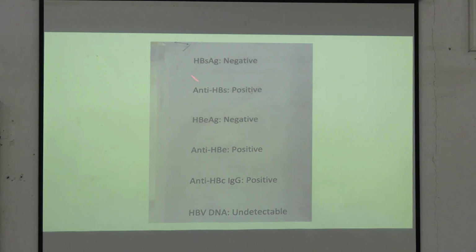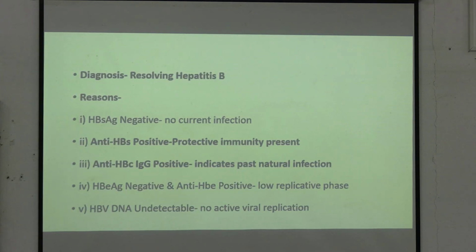Here HBs antigen negative, anti-HBs positive, HBe antigen negative, anti-HBe positive, anti-HBc IgG positive, and HBeAg undetectable. It is a case of resolving hepatitis B. Why? Because HBs antigen negative means no current infection.